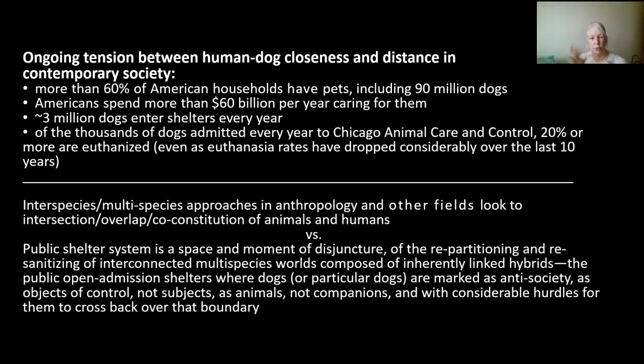We're not going to talk about cats just because there's not enough room in the course, but dogs in those shelters are really being treated as anti-society, right? Far from being the complementary, interspecies partners of humans, as really being anti-society, and being objects of control, and needing to be destroyed in order to sanitize a society of this problem, quote unquote, of the stray dog.